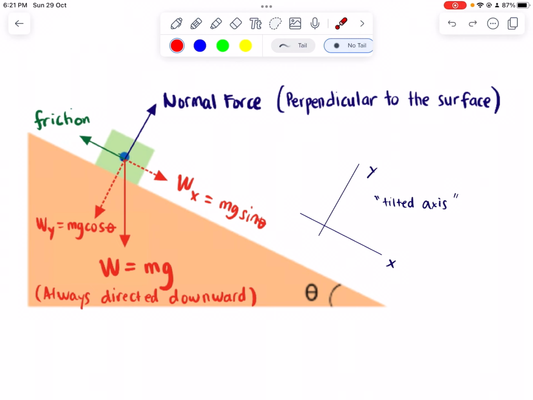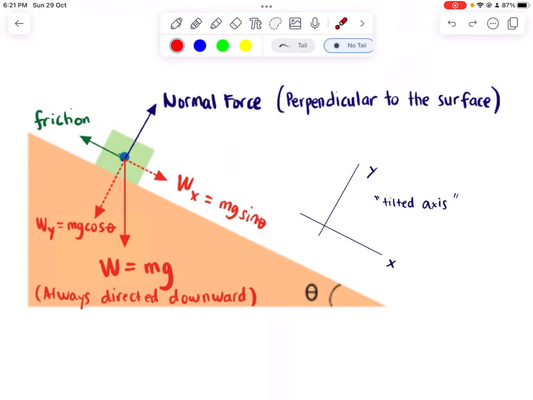Take note of this: if this is the angle given in the inclined plane, which is a very common scenario, the x component will always be mg sine theta, whereas the y component of the object's weight would be mg cosine theta, where m is mass, g is 9.8 meters per second squared, and theta is this angle right here.